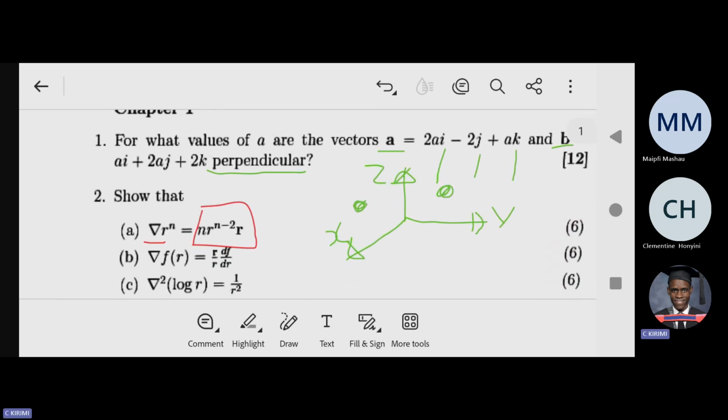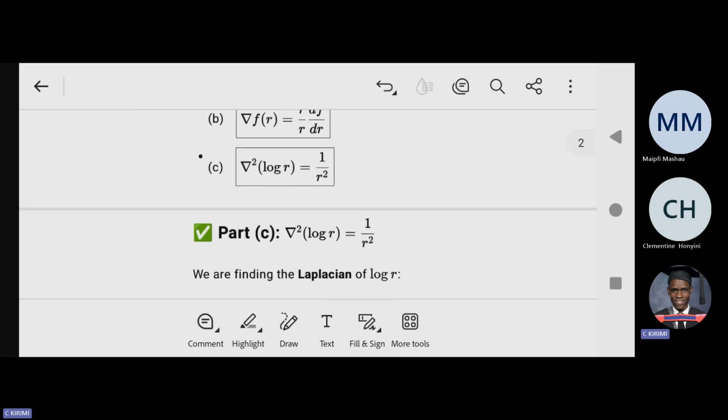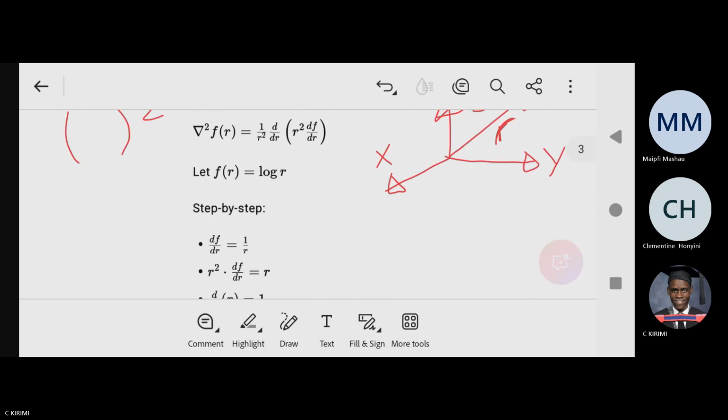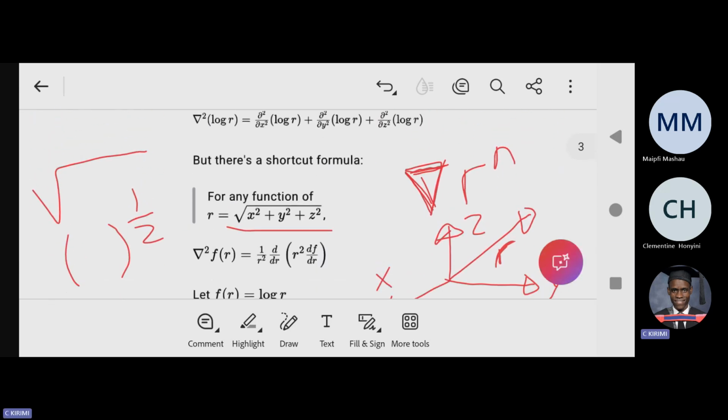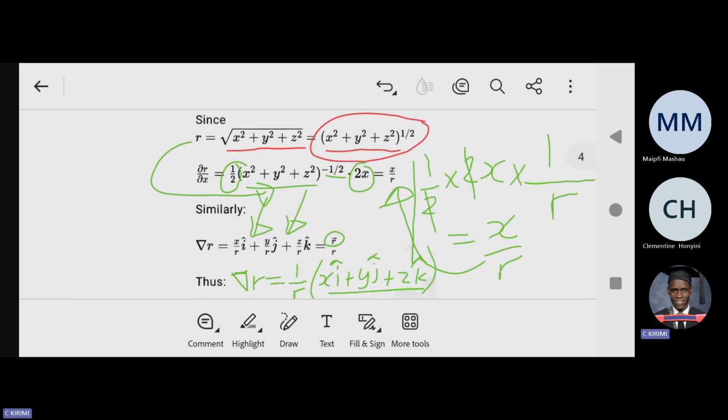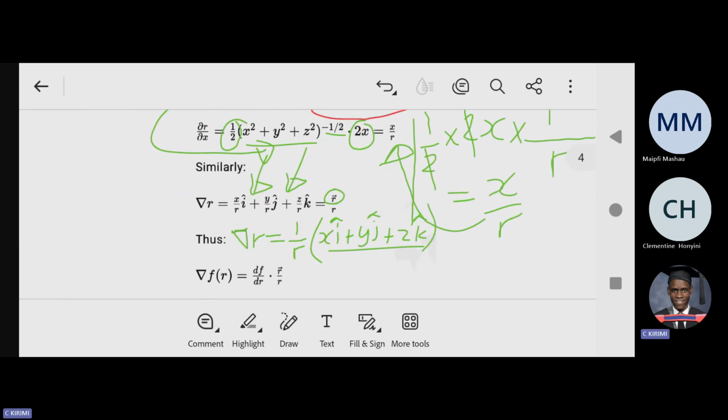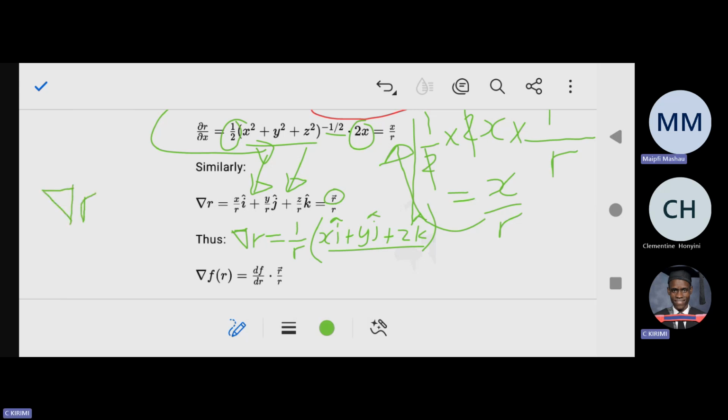We're supposed to show grad r to the power n is equal to n multiplied by r to the power n minus 2. So here we were using grad what? Grad r. That is the one we used for grad r. But it was not grad r to the power what? n. Can you see the difference? This is the gradient of r.